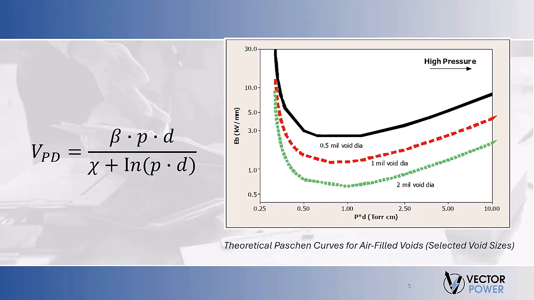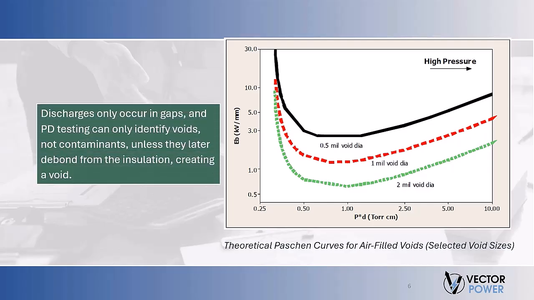Now, the Paschen equation identifies several fundamental issues that the cable system engineer using PD testing must understand, including discharges only occur in gaps. And PD testing can only identify voids, not contaminants, unless they later debond from the insulation, creating a void.